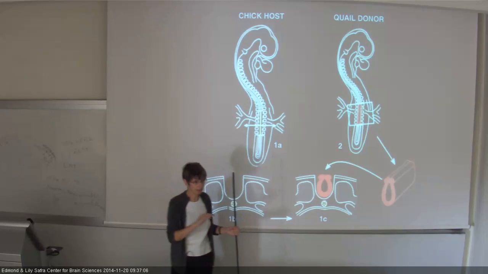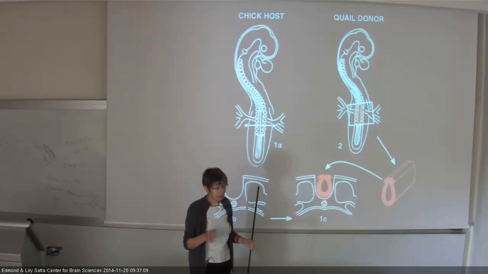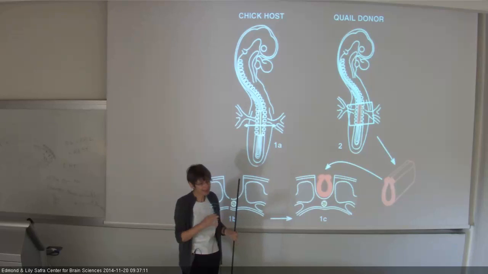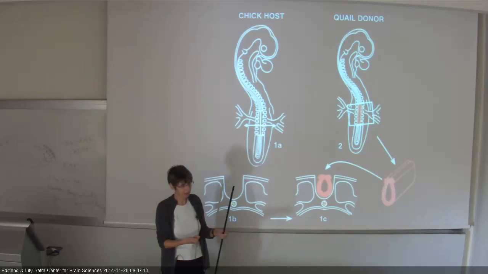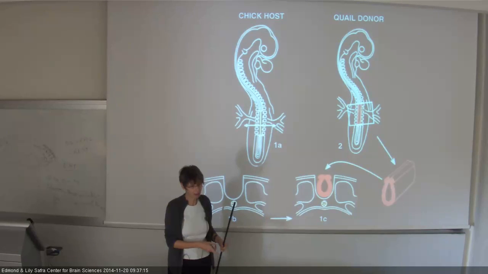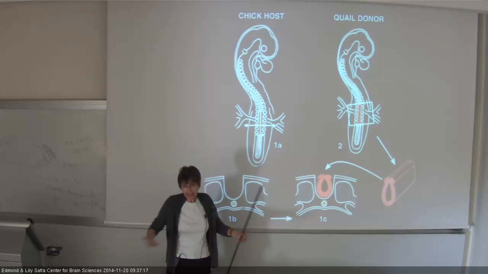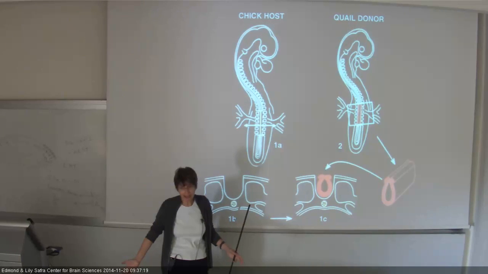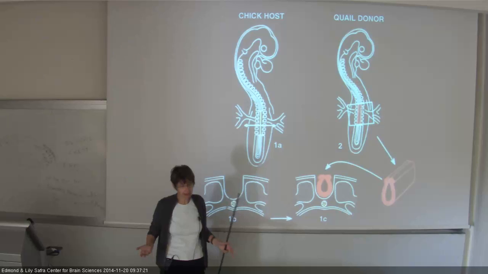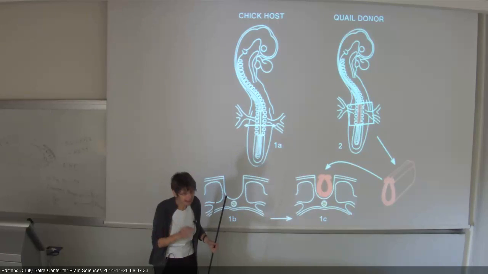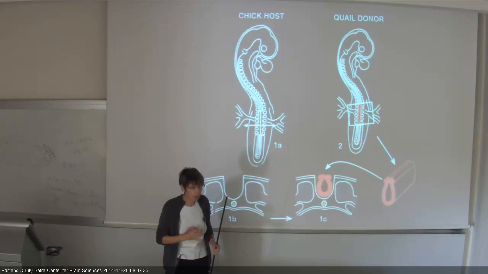You close the embryo, and this is what we do in the lab, we close the embryo with sellotape, masking tape. You put it back into the incubator at 39 degrees, and the embryo continues differentiating. It even hatches, as you will see in a minute. But all the neural crest derivatives will now have, in this particular area, the quail marker.